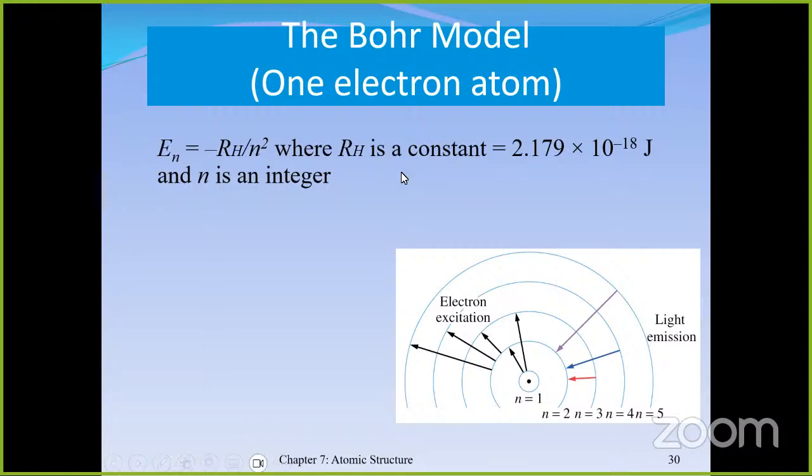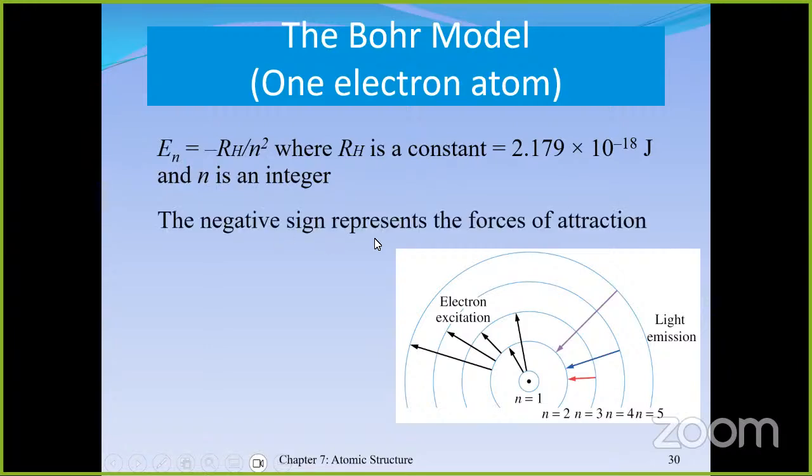RH is a constant known as the Rydberg constant, and this is the value here. I'm going to say more about the Rydberg constant shortly, but this is one way of expressing the Rydberg constant, 2.179 times 10 to the minus 18 joules, all right? So this is the formula that Niels Bohr came up with to calculate the energy of each orbit, right?